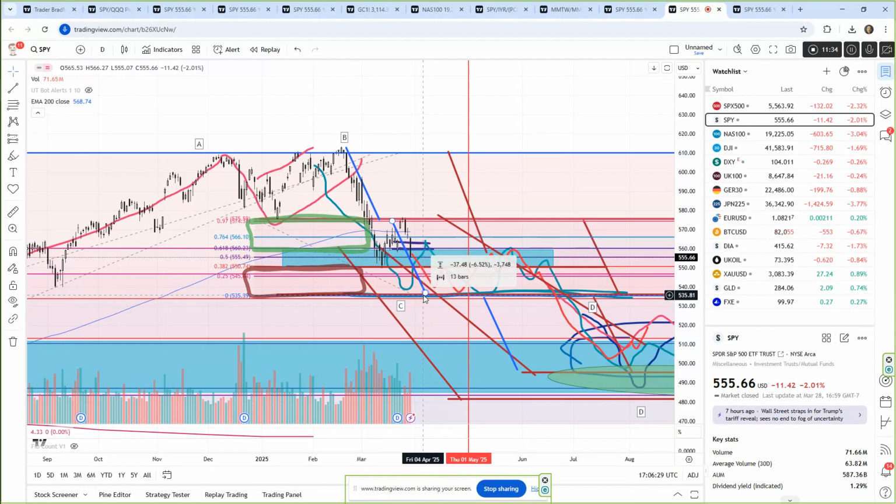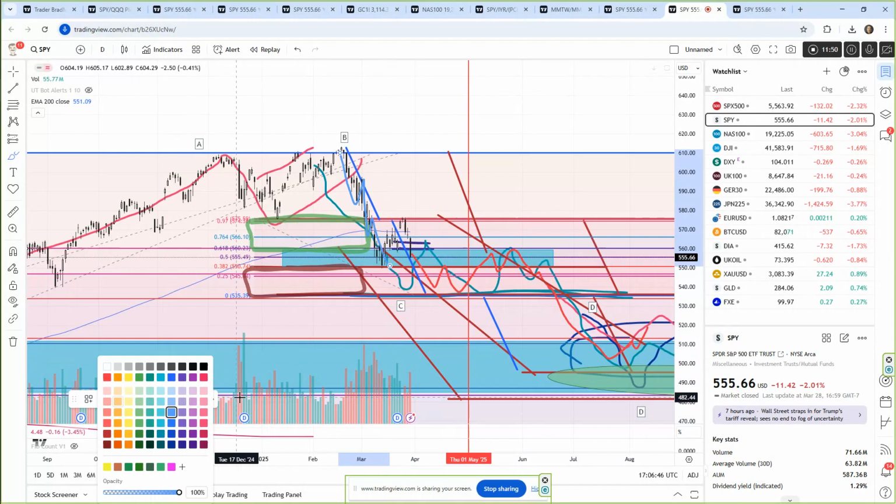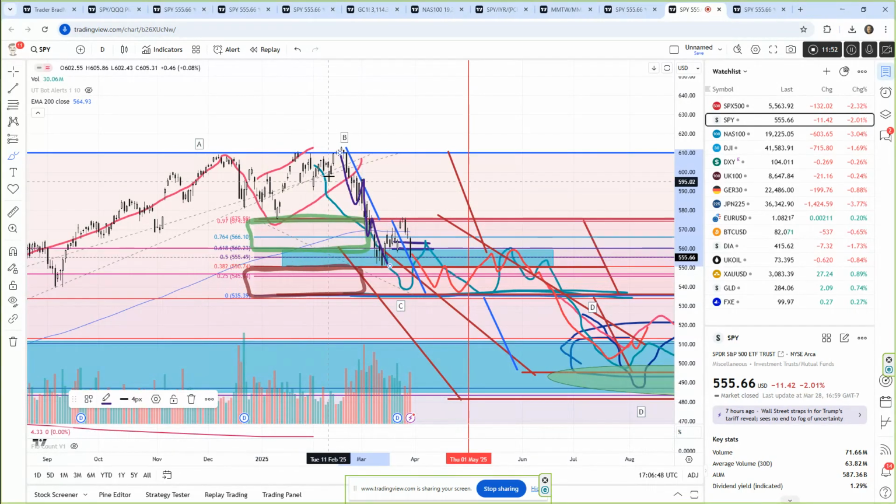Let me explain the reason for this. If this is a big breakdown wave, we can clearly see an A, B, C, D, E kind of breakdown right there. Can you see that big purple A, B, C, D, E?